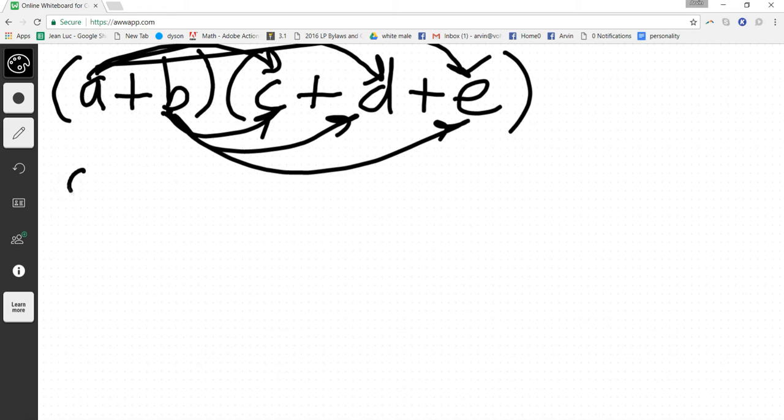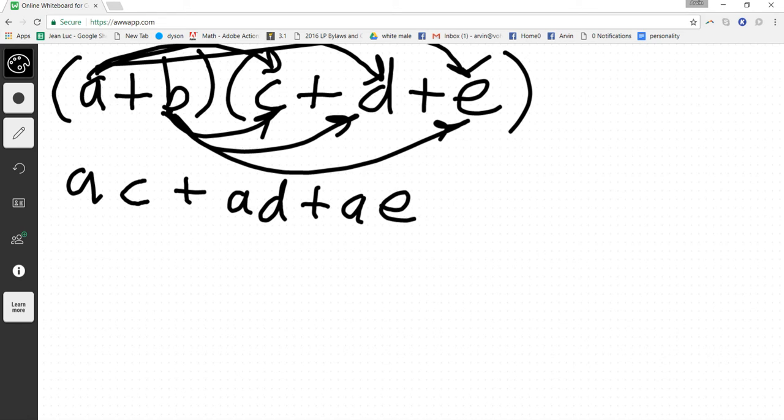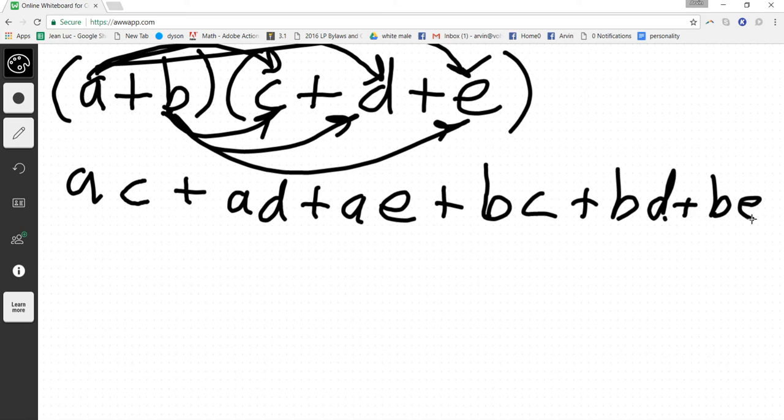So the answer becomes AC plus AD plus AE, now we'll do all the B's, plus BC plus BD plus BE. And again, that's the entire problem. There are no other steps left to this problem.